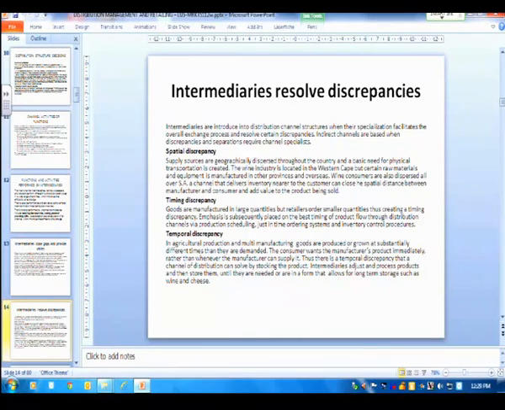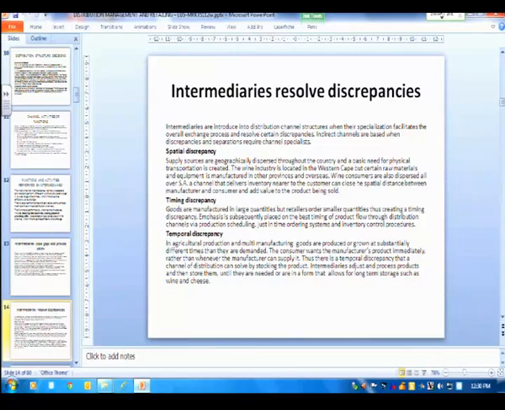Wine consumers are also dispersed all over South Africa. A channel that delivers inventory nearer to the customer can close the spatial distance between the manufacturer and consumer and add value to the product being sold.